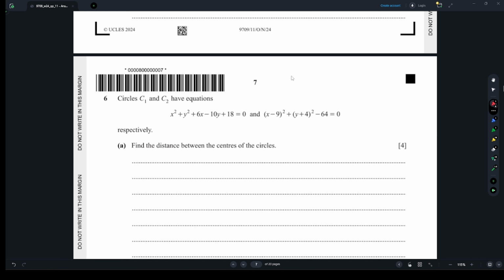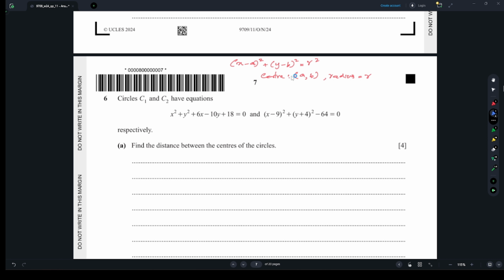The first one is in this form, (x minus a) squared plus (y minus b) squared equals r squared. With that one, you can write the center: the center is (a, b), and the radius is r.